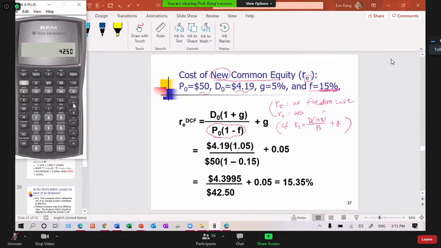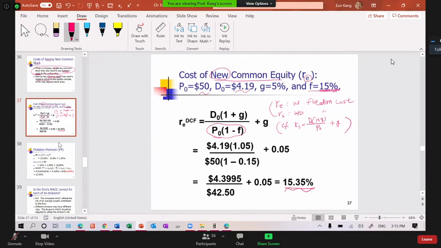So 46.40 divided by 42.50 is about 1.09. Then minus 1 is 0.09, plus 0.05, which is 0.15, so you multiply that by 100: 15.35%.